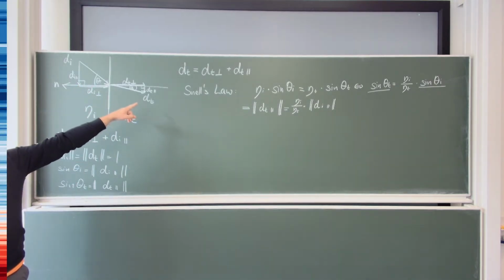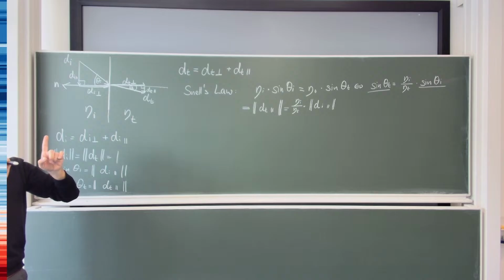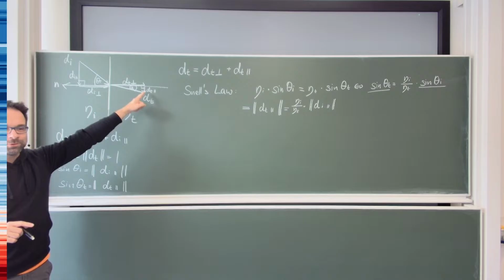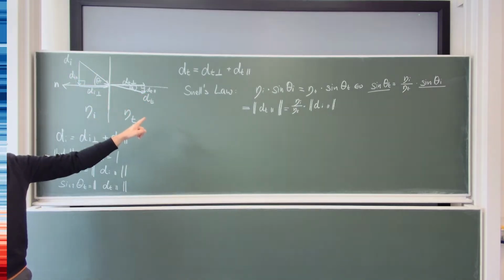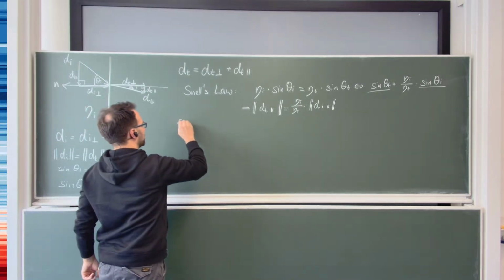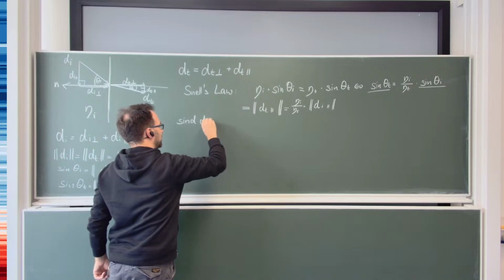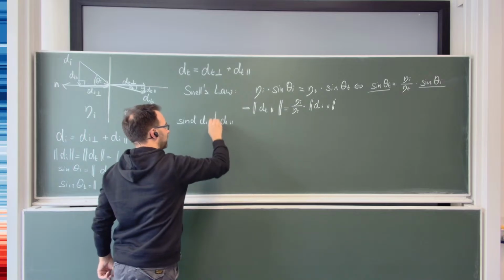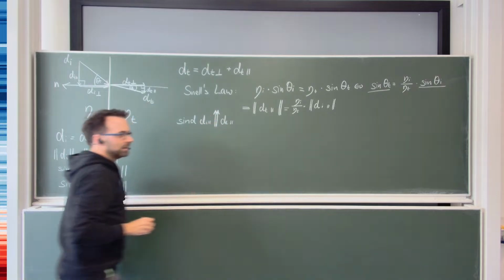Where do both arrows point? Downwards. All right, they point in the same direction. This vector is parallel to the surface. This vector is also parallel to the surface, so they are both parallel. Right? So di parallel and dt parallel are parallel vectors pointing in the same direction.